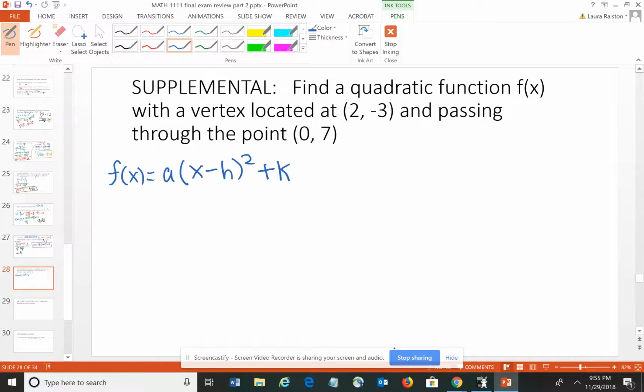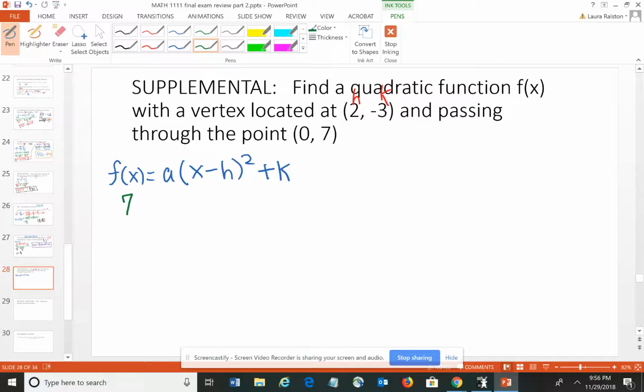And we know the vertex is 2, -3. So in this case, h is 2 and k is -3. I need to find a using the vertex and the point that I was given. So I have the point 0, 7.